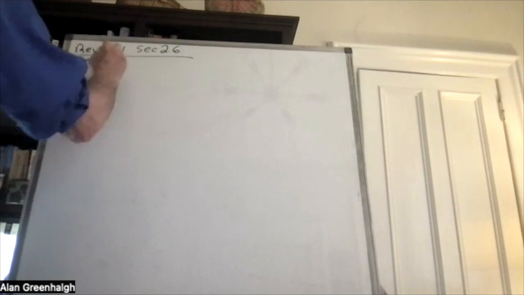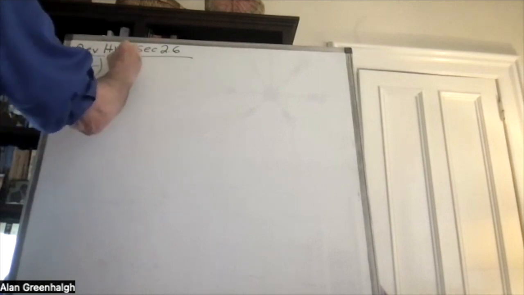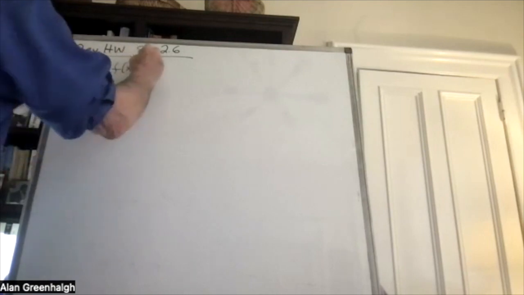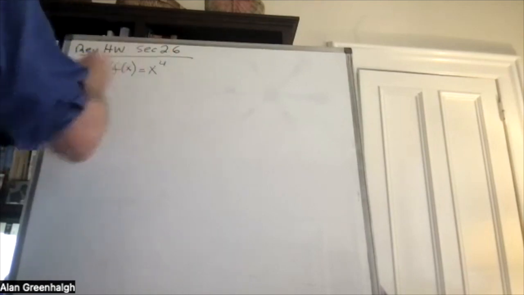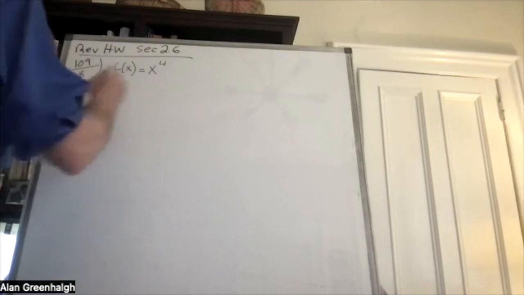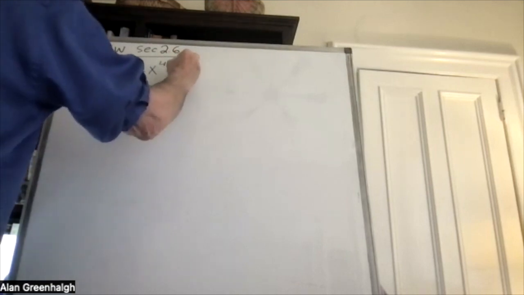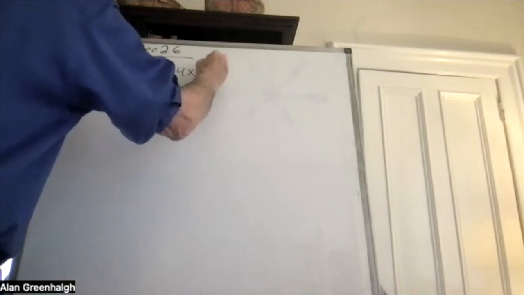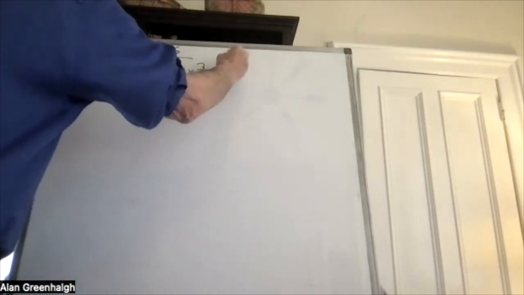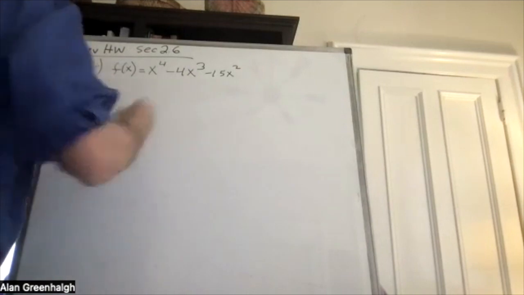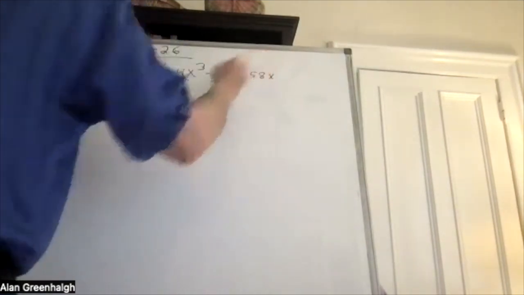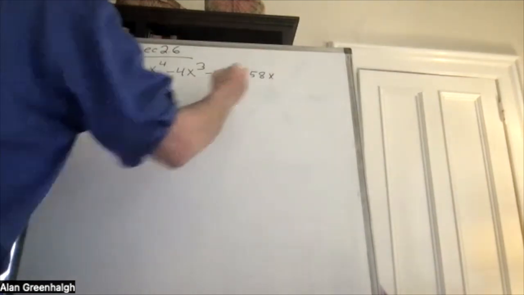You are given a function, f of x equals x to the 4th minus 4x to the 3rd minus 15x squared plus 58x minus 40.